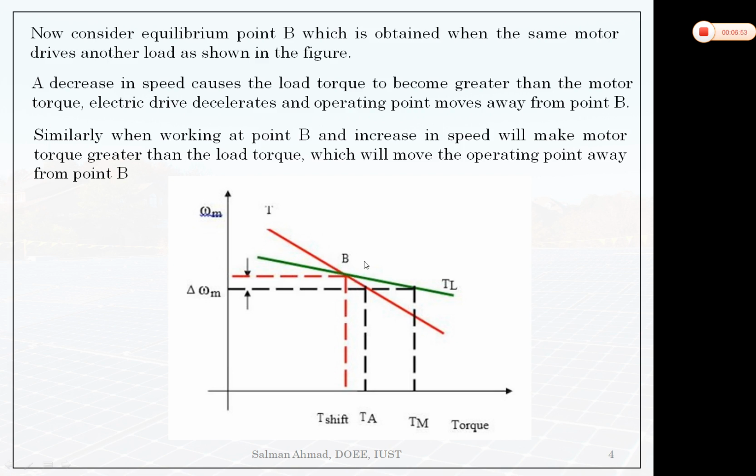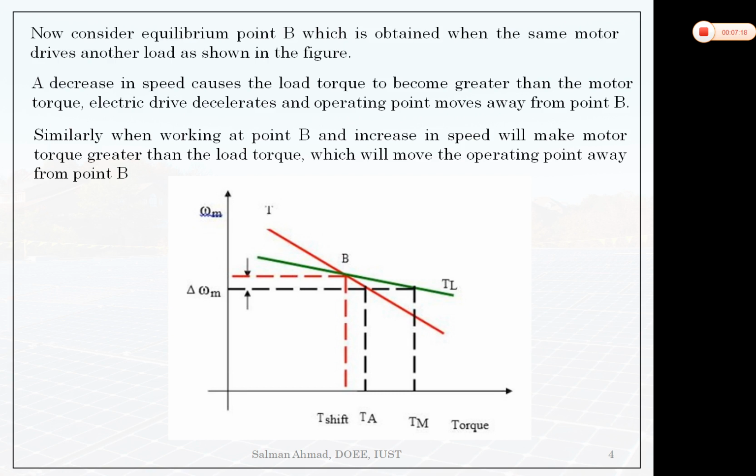So from the speed-torque characteristics of the load and motor, you can determine whether the equilibrium point is stable or not. This is a very important concept. You may find questions on it in many competitive exams, including the GATE exam. You will find a lot of questions asked based on this concept. It is a very simple concept.